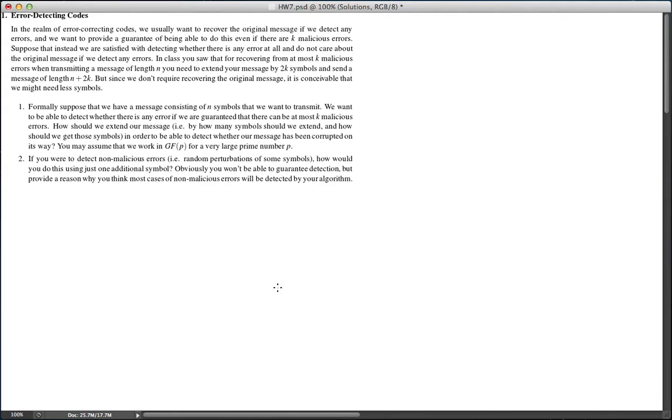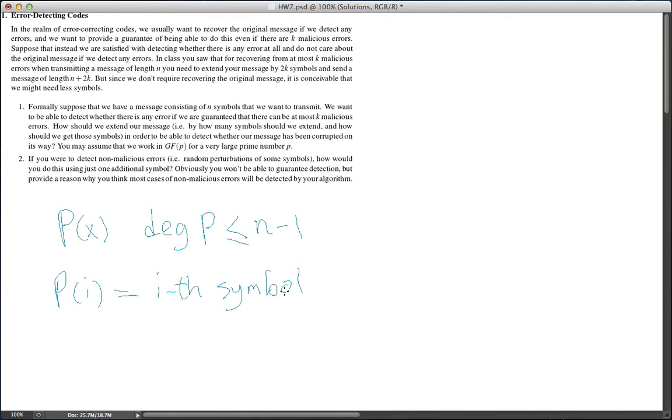If we have a message that consists of n different symbols, we first find a polynomial p of x, of degree at most n minus 1, which passes through those n symbols, meaning that p of i is the ith symbol. And we know that such a polynomial is unique, right?